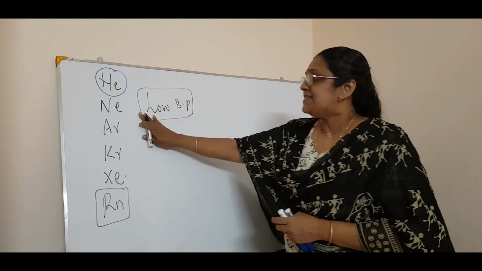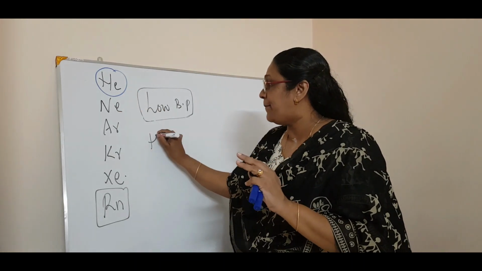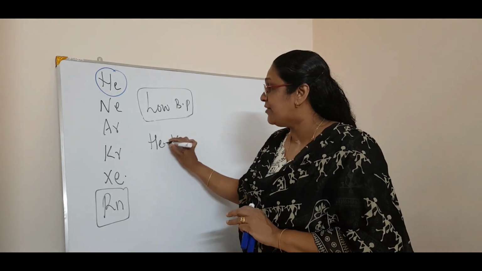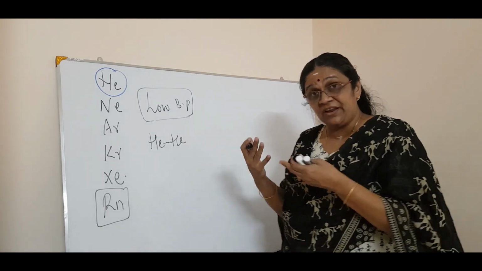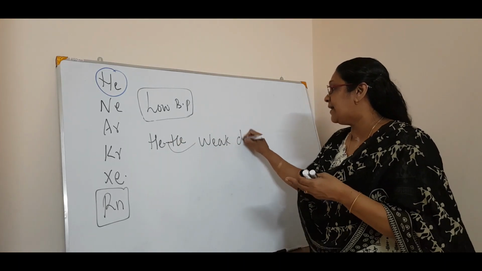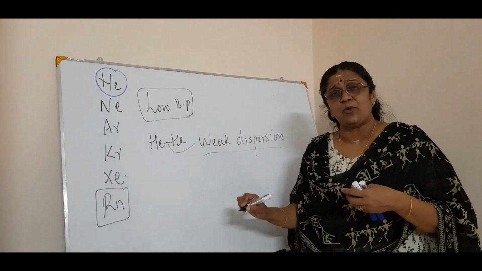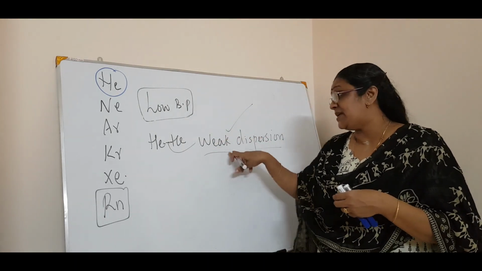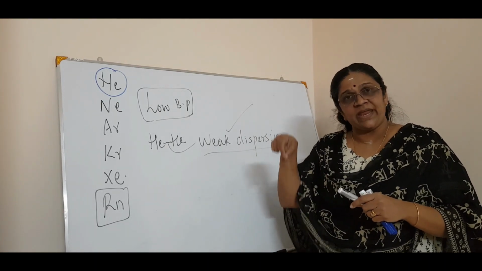Why? Because it is already existing as monoatomic. If something has to happen when two heliums come together, there will be a very weak force, isn't it? There is no strong force because there is no attraction or sharing or gaining or losing. There is only a weak dispersion force. You have heard about so many forces, London force, dipole, induced dipole, dispersion, out of which the noble gas elements will have a very weak dispersion force, and just when you give energy to break it, it will boil.